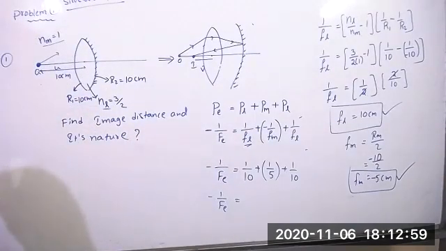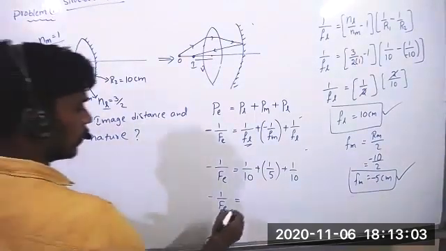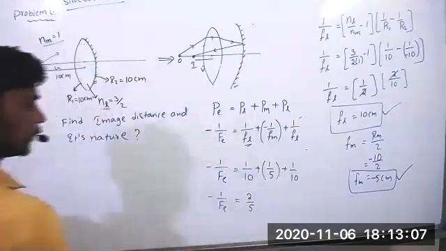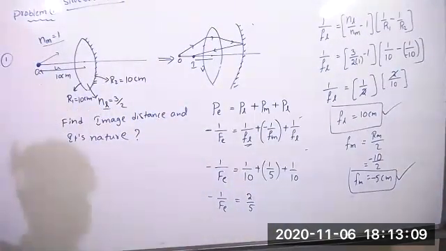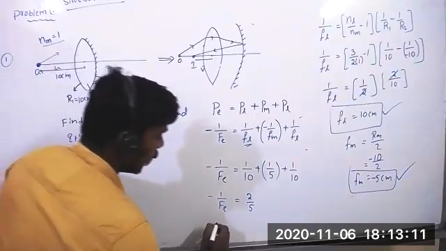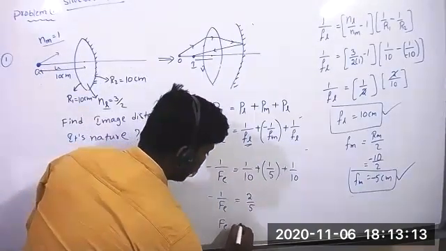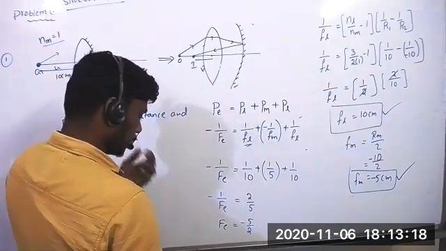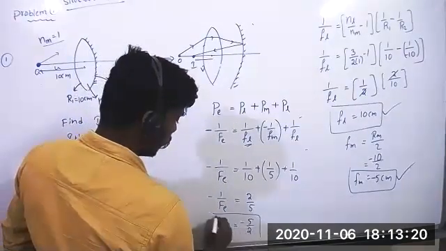Calculate that. Sir, 2.5. So nothing but 2 by 5. Yes, 2 by 5. So FE equal to minus 5 by 2. Minus 2.5 centimeters.